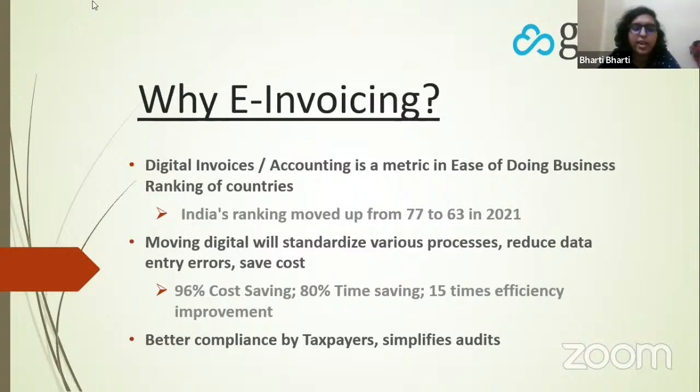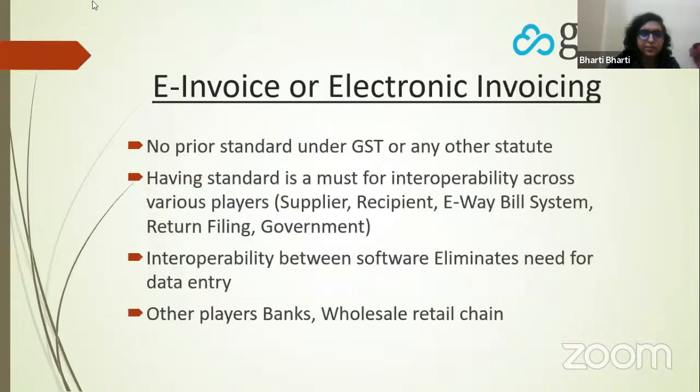It also helps in better compliance by taxpayers as it simplifies audit. All of this has improved India's ranking in ease of doing business. As we go digital, it increases the ease of doing business.